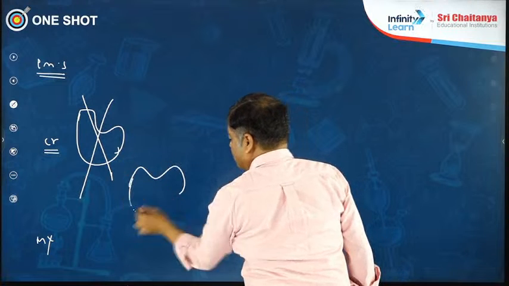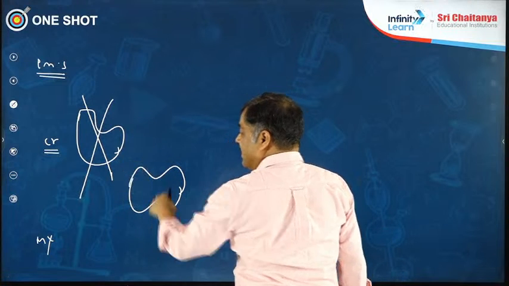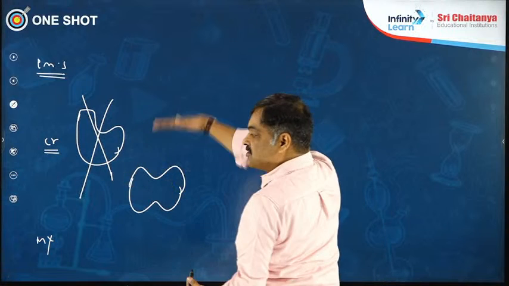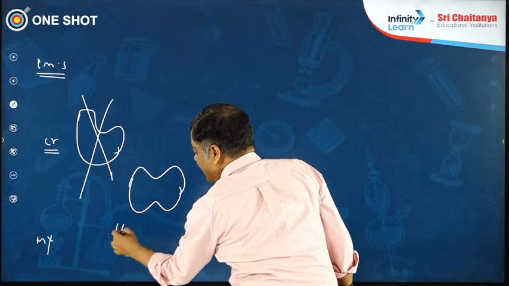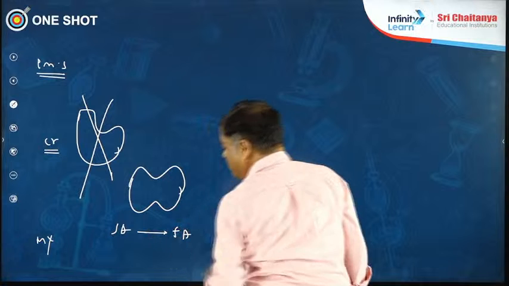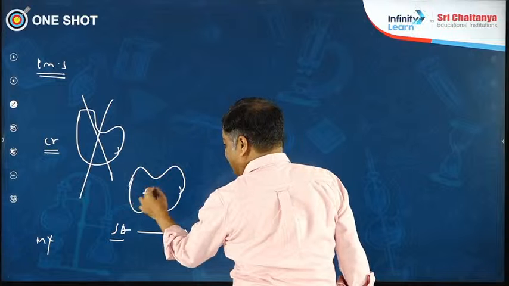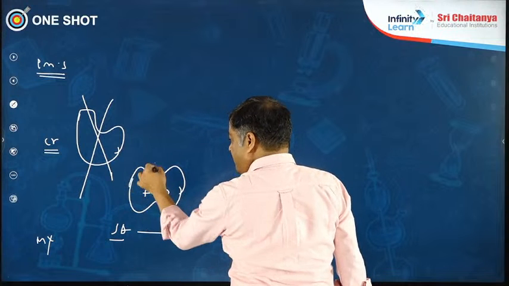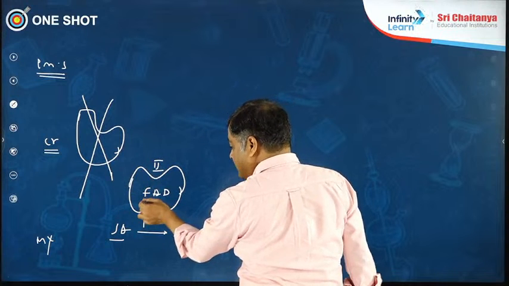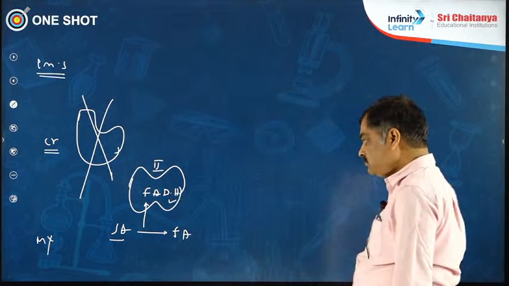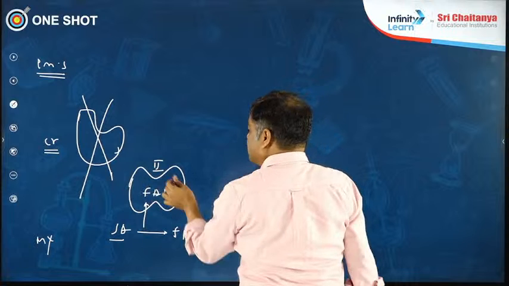This is complex 2, succinic dehydrogenase. This is the Krebs cycle enzyme attached to cristae. It oxidizes succinic acid to convert it into fumaric acid. Succinic acid loses hydrogens, accepted by FAD, which is a prosthetic group in complex 2, to form FADH2.